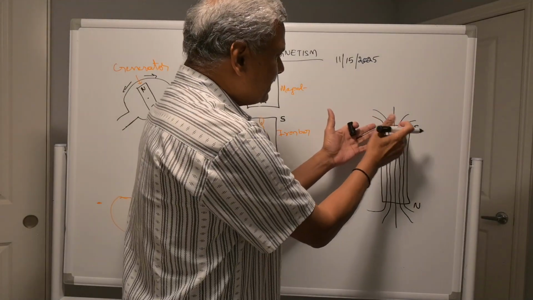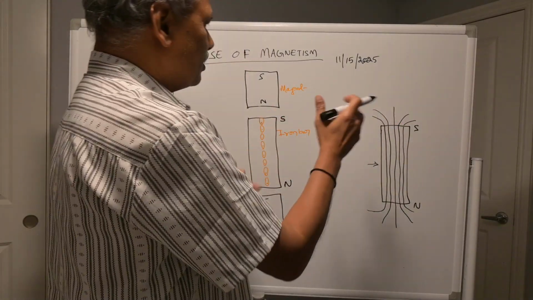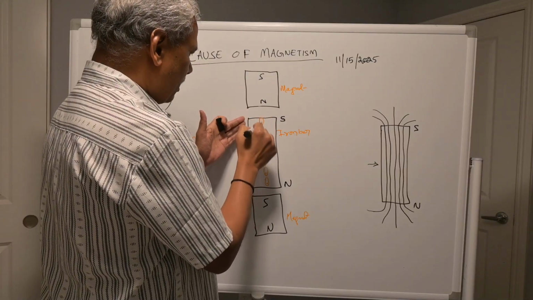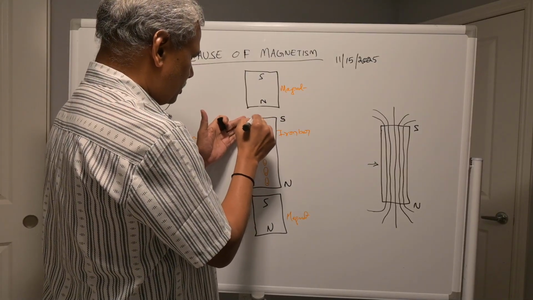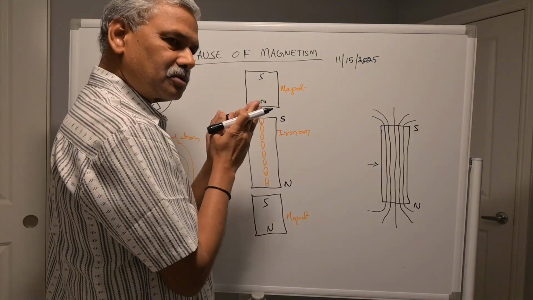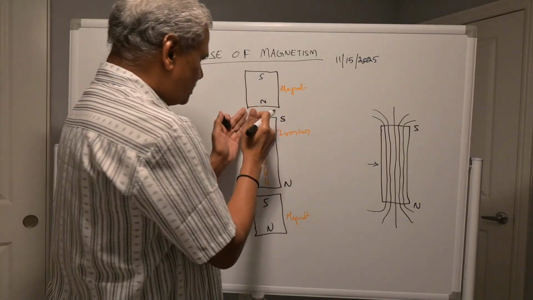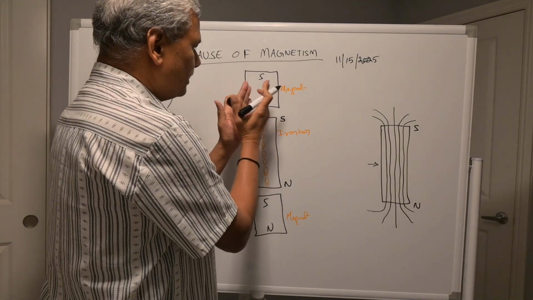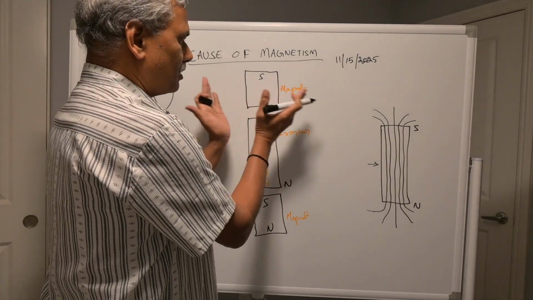So why are these lines bending? Those lines are bending because all the north and south poles of these atoms are together here, and south poles repel each other. Because there are so many south poles here, they deflect away from each other.